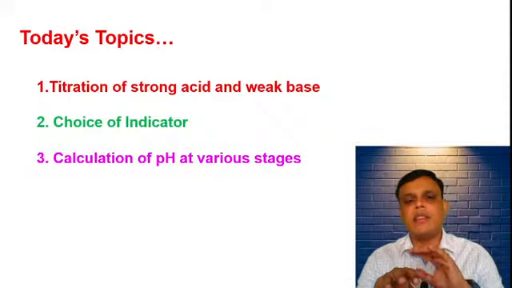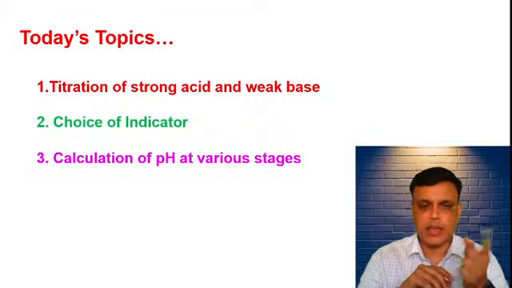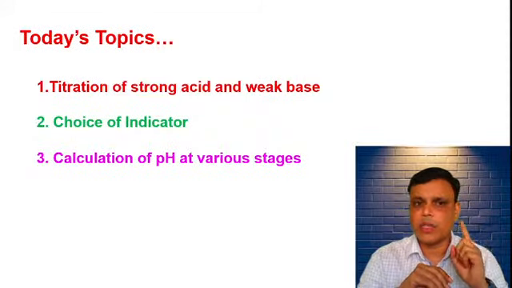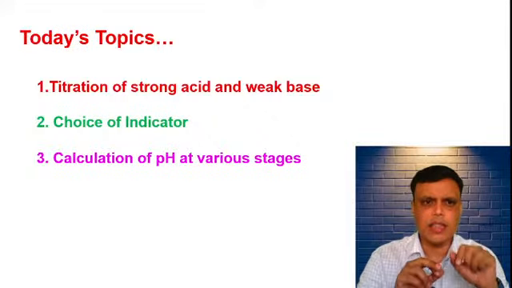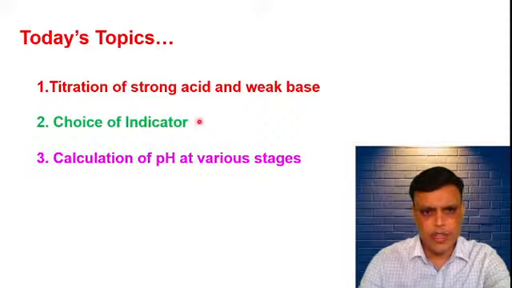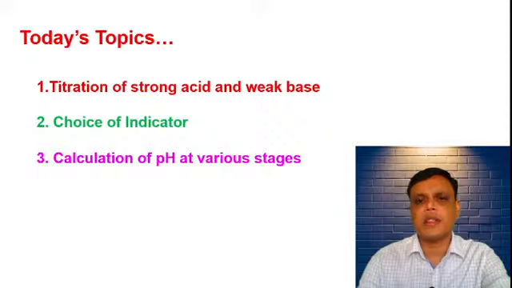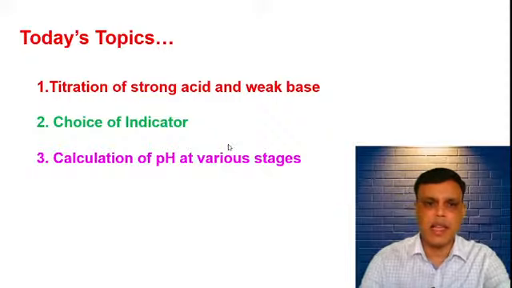These points are similar for both titrations. Titration number 1 also it is the same. Titration 2 के लिए भी यही देखे थे हम लोगों ने: titration of strong acid and weak base, then choice of indicator, and then calculation of pH at various stages. So each titration has three steps.